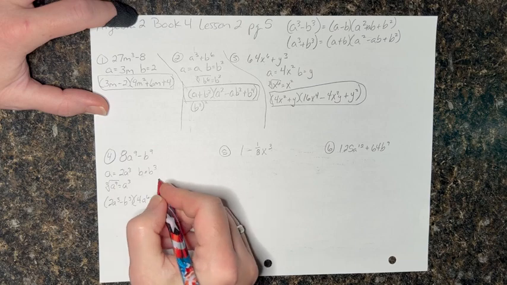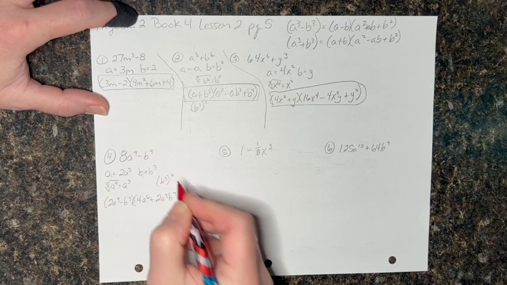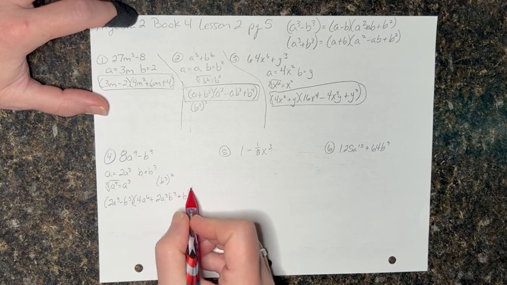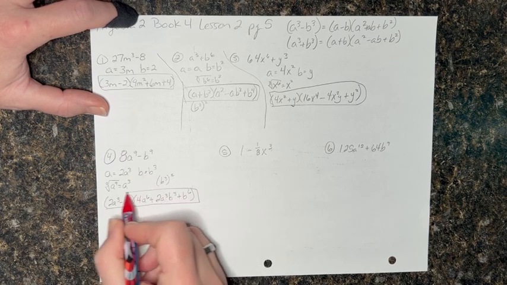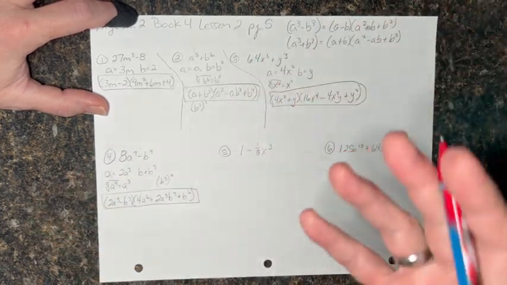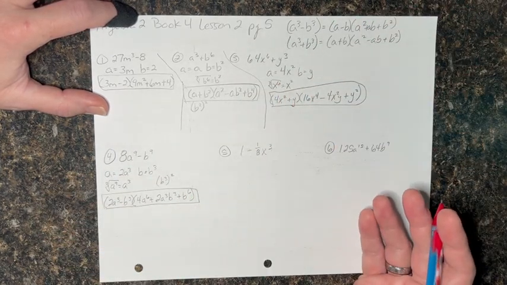So b to the 3rd power squared is b to the 3 times 2, or b to the 6th power. All right, there's a pattern, and we have to understand and learn the pattern.